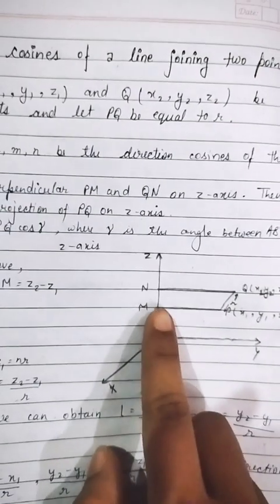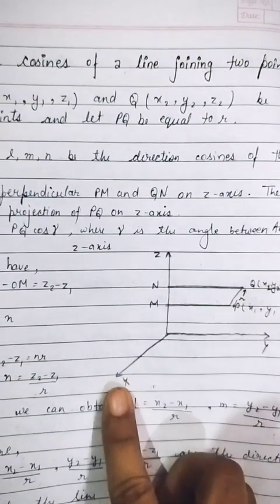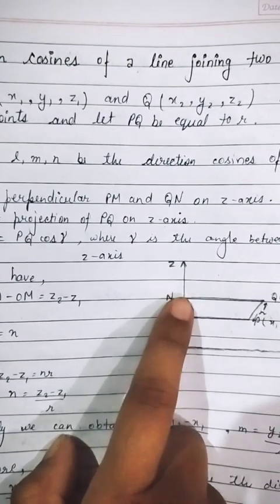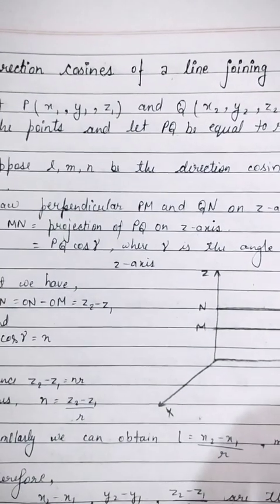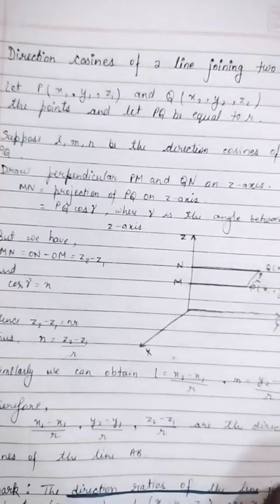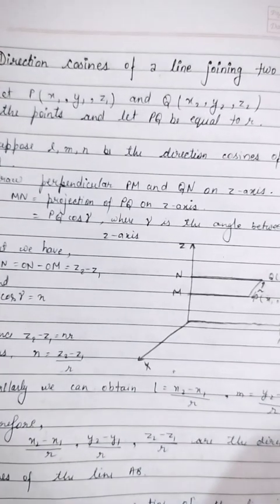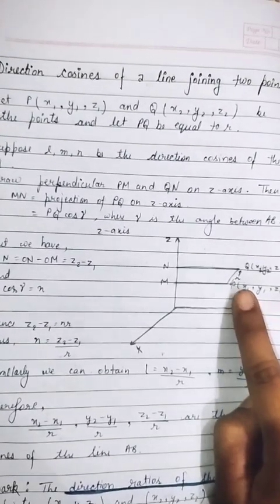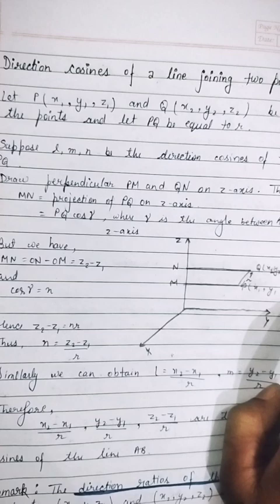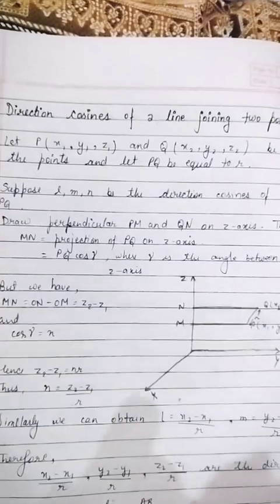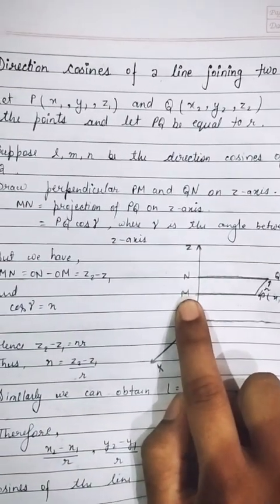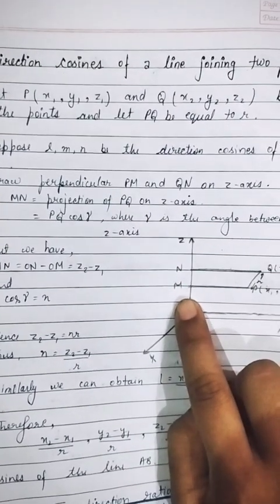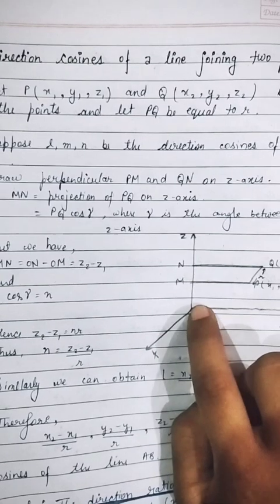This is our z-axis, this is y, and this is our x-axis, and we have named these points m and n. We have supposed that l, m, n are the direction cosines of the line PQ. The points we have named M and N are basically the feet of the perpendiculars drawn to the z-axis.